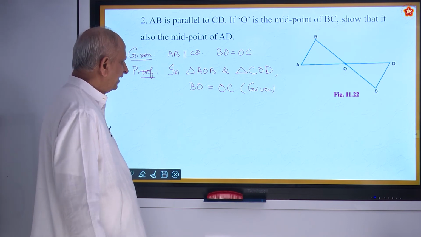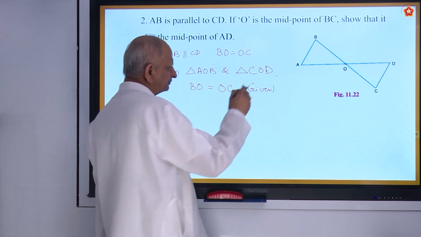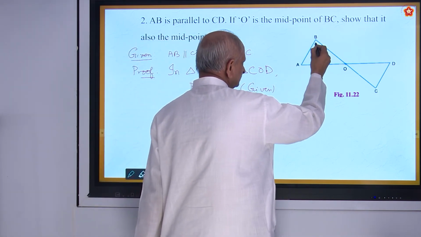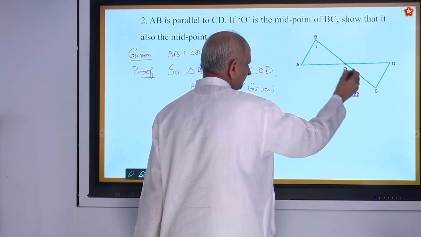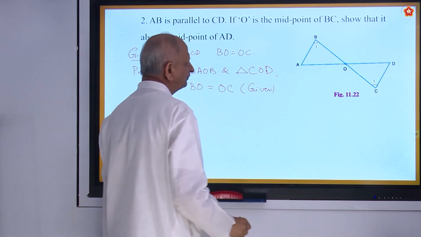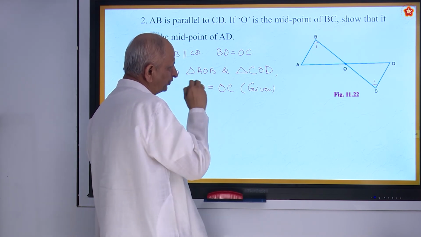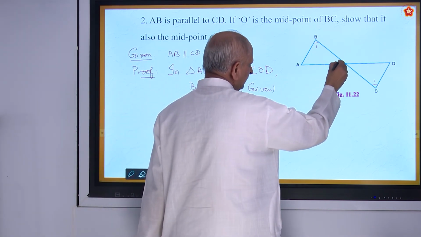Because they are parallel, you have the alternate angles. Namely, this angle B will be equal to angle C. Is it not?